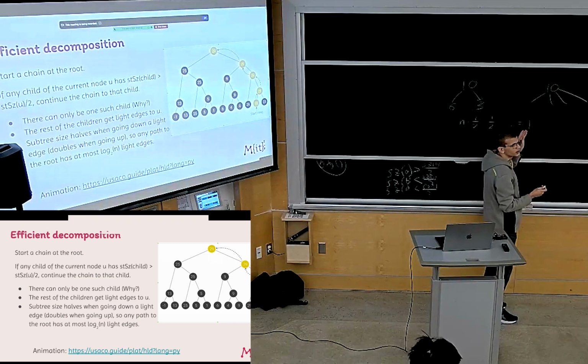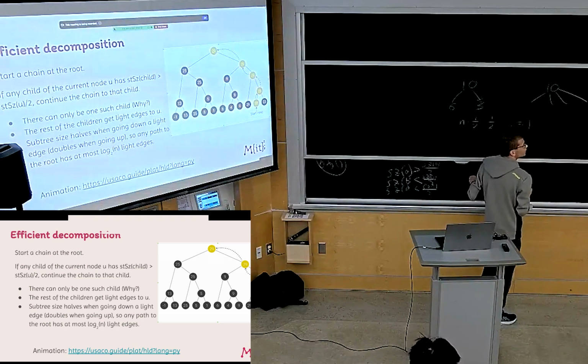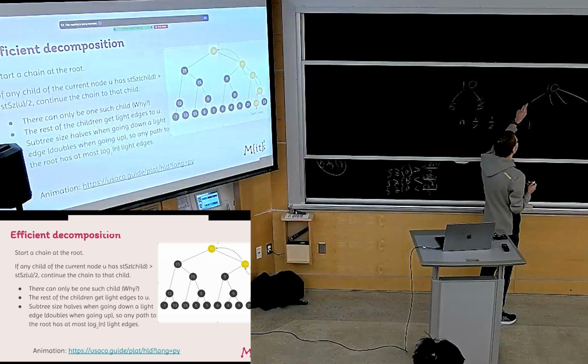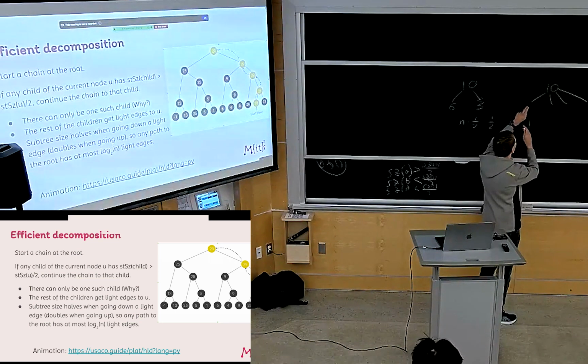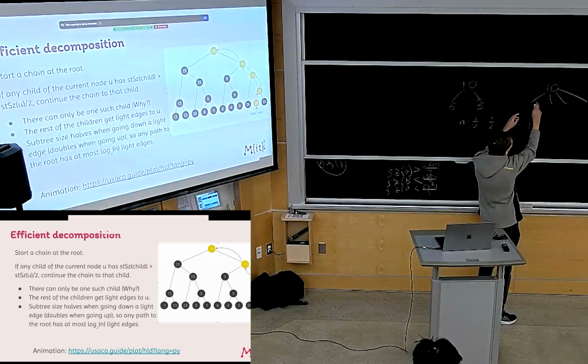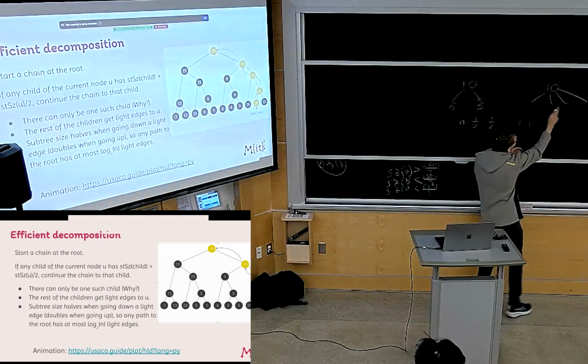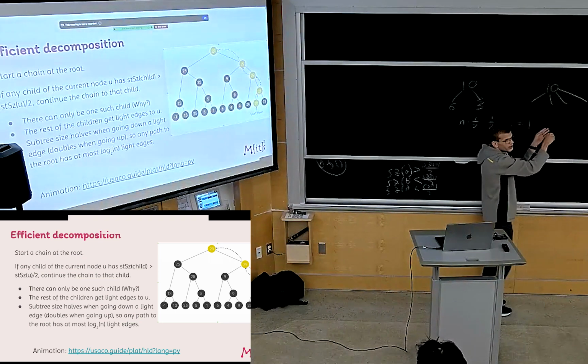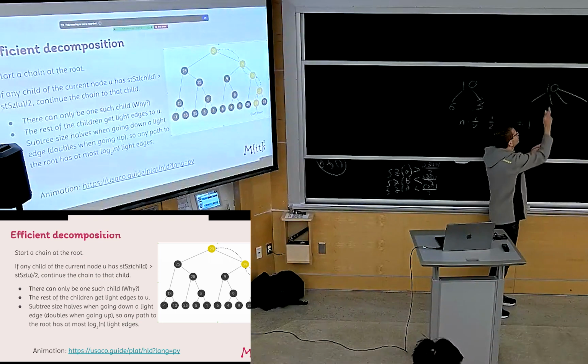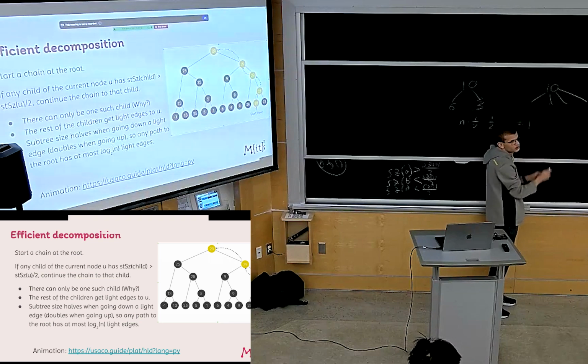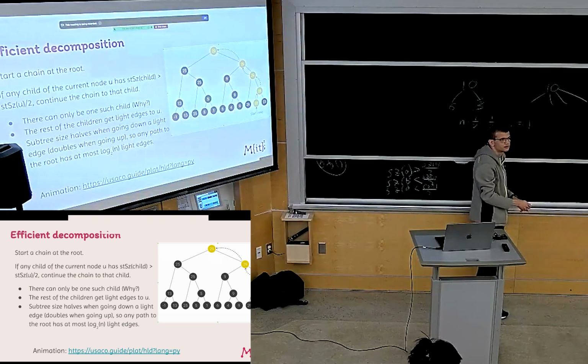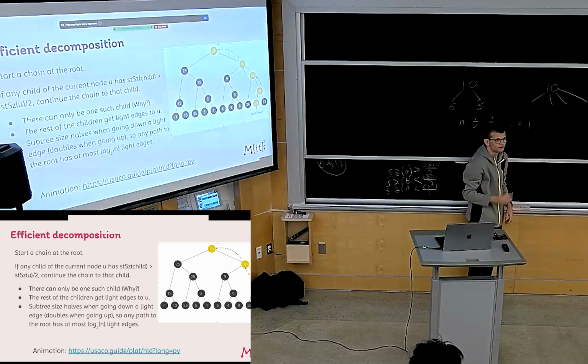So even in that case, our assumption still holds. We make the heavy edge go to the only subtree that has size more than half of 10. And for all of the other ones, the subtree size gets more than halved. So it's still true that every time we go down a light edge, the subtree size gets at least halved. Does this make sense? Okay.